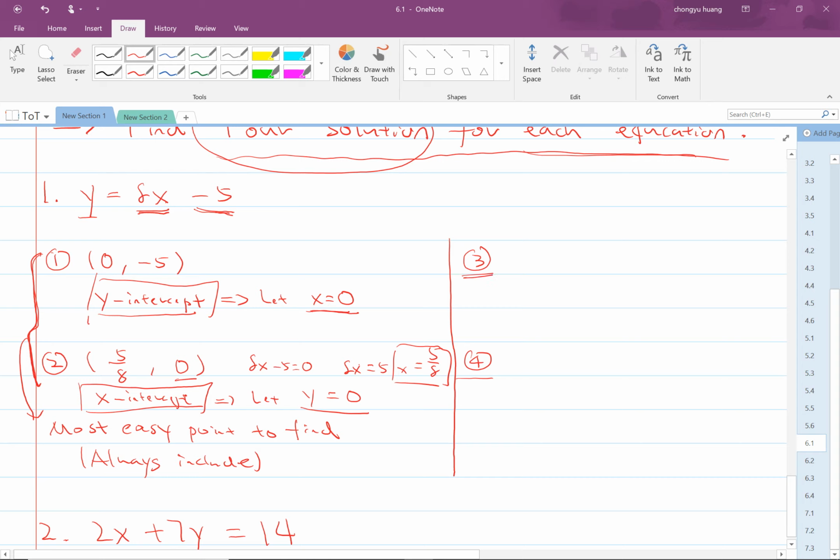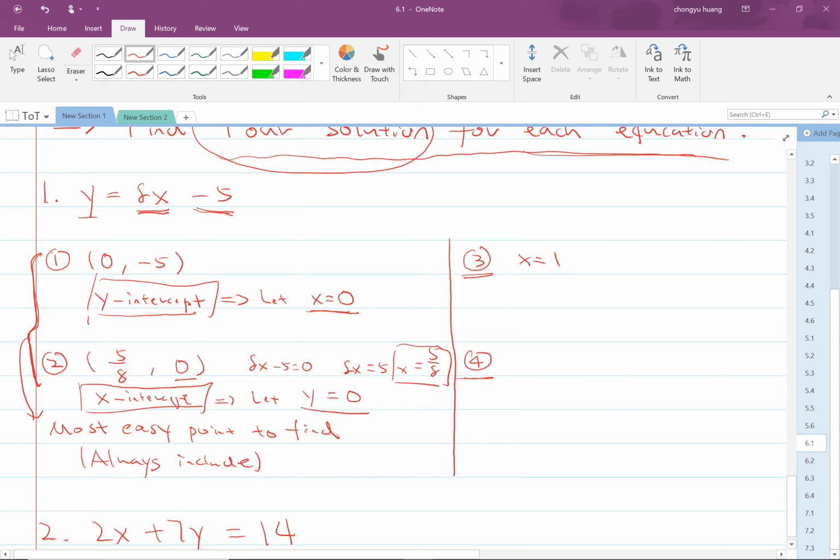the third point and the fourth point. As I said before, for the third point and the fourth point, you can find any point you want. What I mean by that is, suppose over here we plug in x equal to 1.